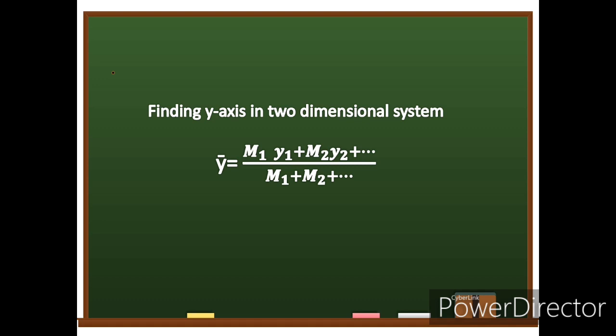For finding the y-axis in a two-dimensional system, this is the formula: m1 times y1 plus m2 times y2 over m1 plus m2. Next, we're already done with the example in one dimension.